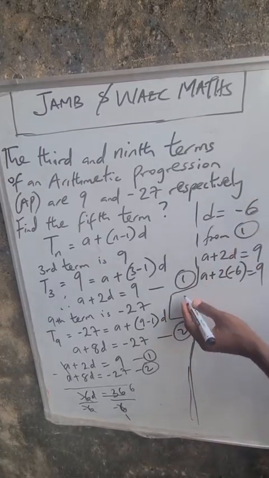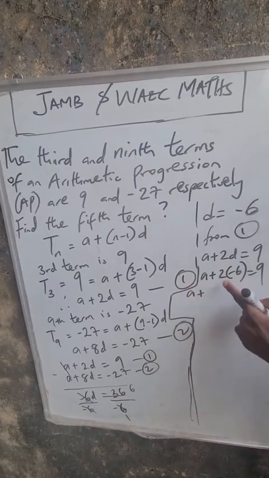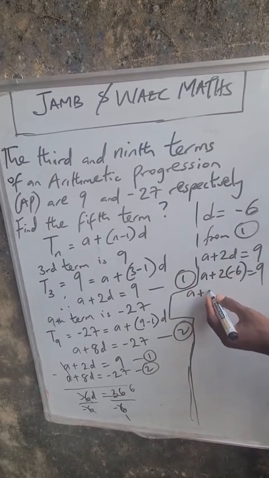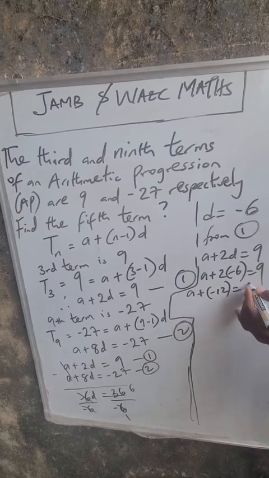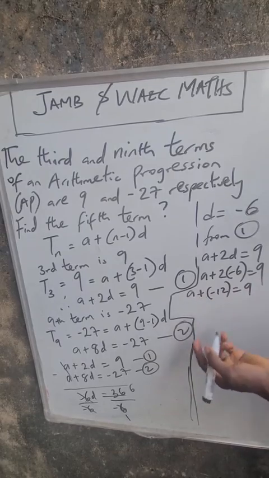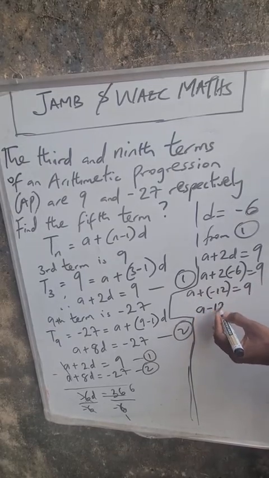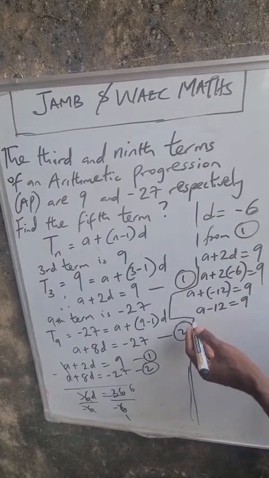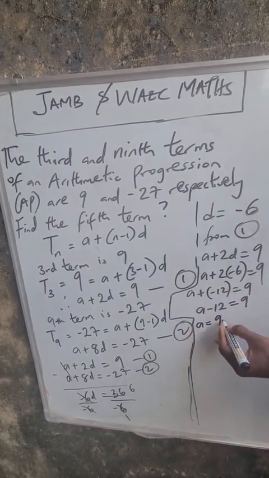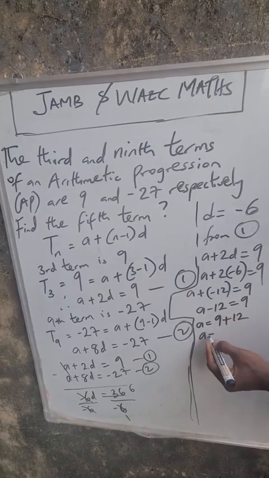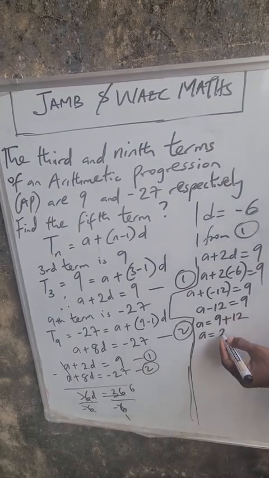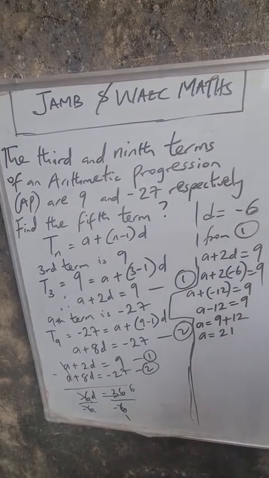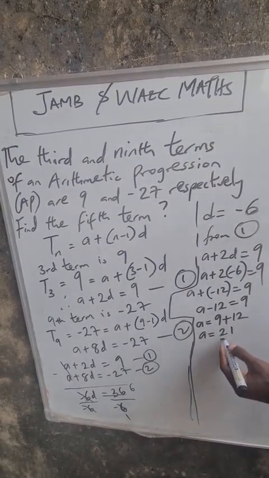So here is a plus 2 times minus 6, which is minus 12, equal to 9. So I have a minus 12 is equal to 9. If I take minus 12 outside, it becomes plus. So my a is equal to 9 plus 12, which is 21. So our a, which is the first term, is 21.